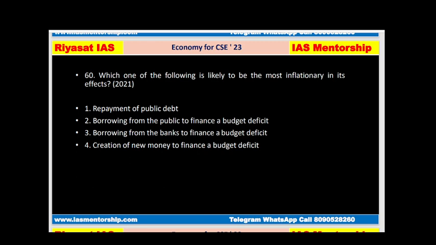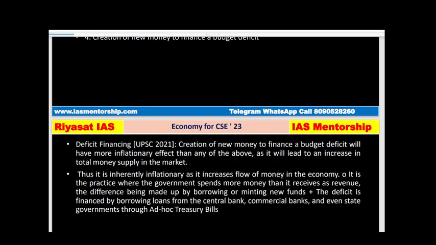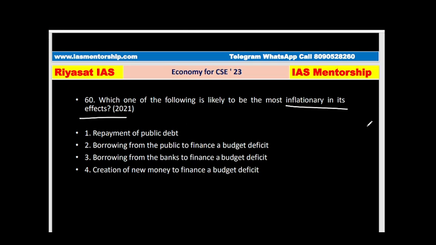Which one of the following is likely to be the most inflationary in its effect? अब मैंने पहले क्वेश्चन दिया है यहाँ पे और बाद में मैंने आप लोगों को कॉन्सेप्ट समझाया है. Let us see what is your inflation. What do you mean by inflation? Inflation is the rise in price of the commodity.